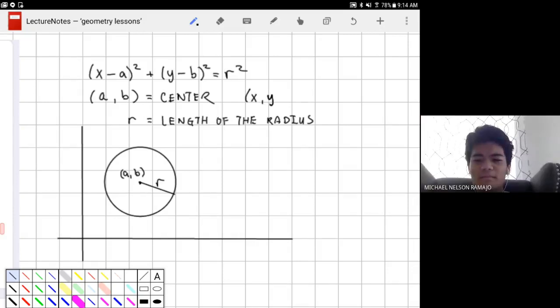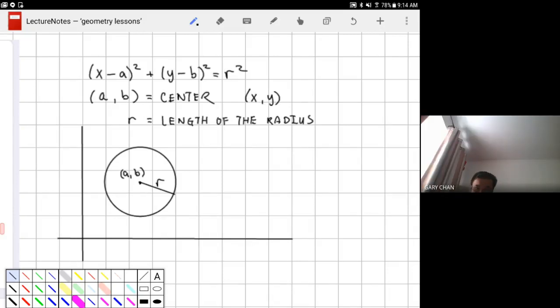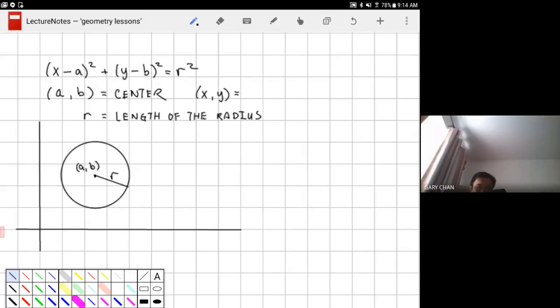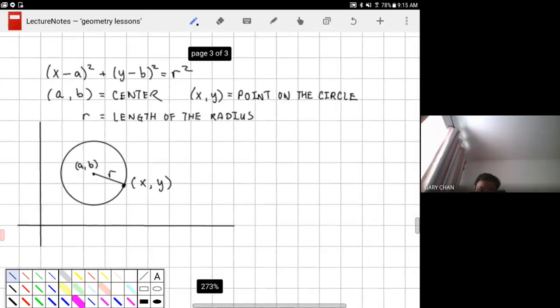They are coordinates, but where are these coordinates? Of a point that the radius intersects. That's not the center. Right, so X and Y is a point on the circle. This point on the circle is X comma Y. Cool?